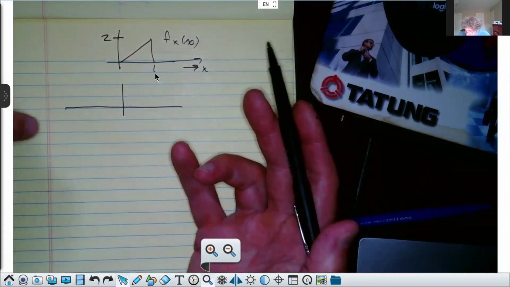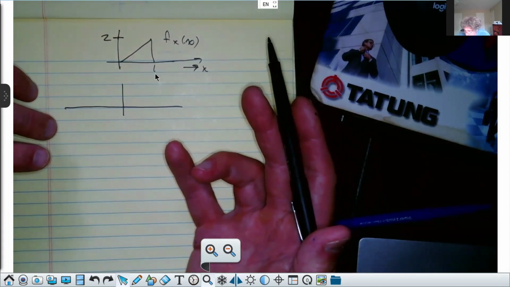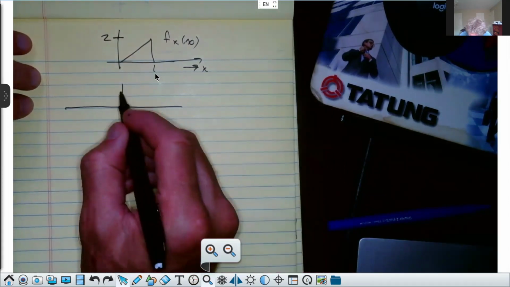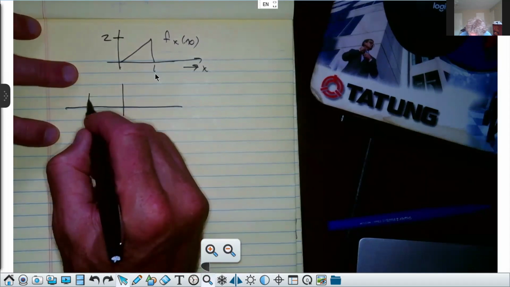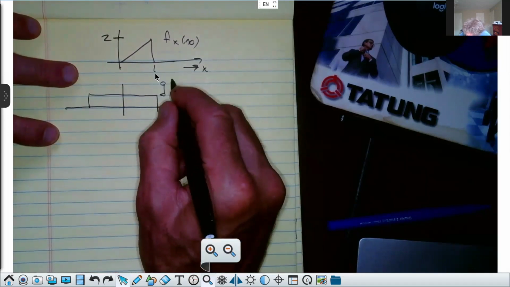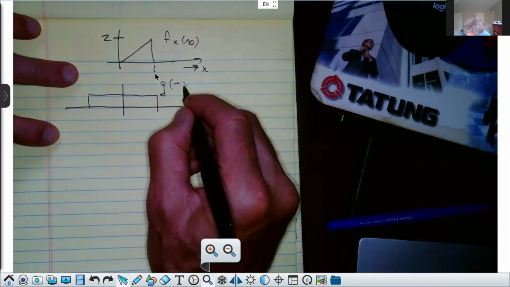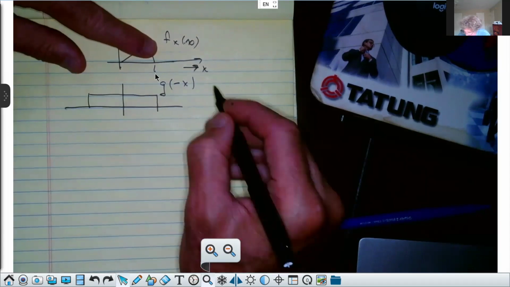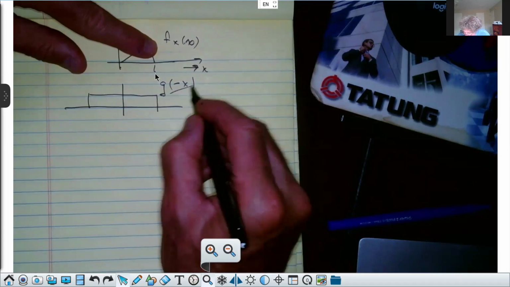Remember, instead of showing you g of minus x, I'm going to take it and flip it. But here's what actually happens, and I'm going to just try to draw this well. This is going to be equal to my g of minus x just by itself. Now, actually, I can do it this way.